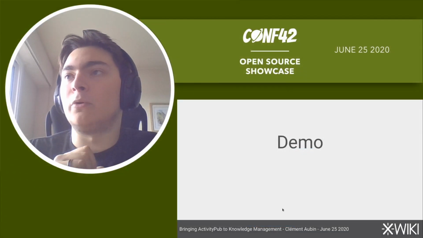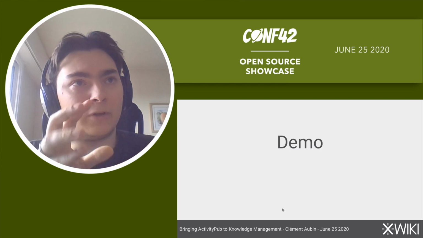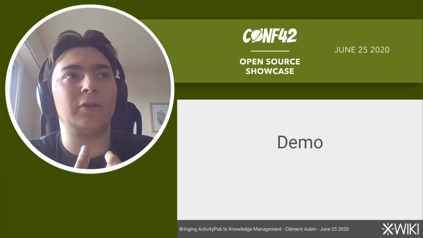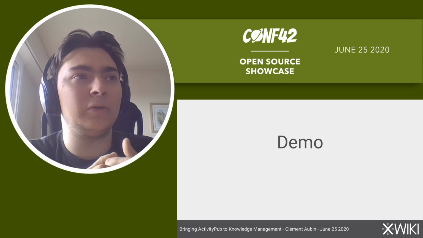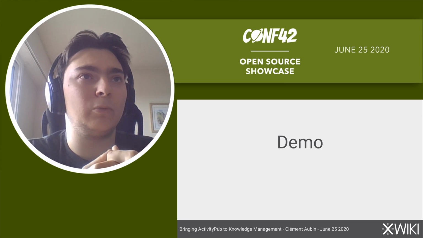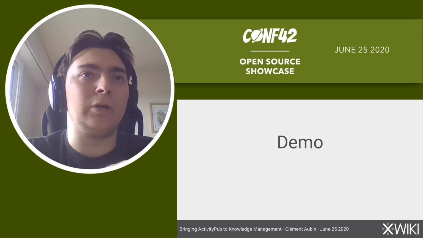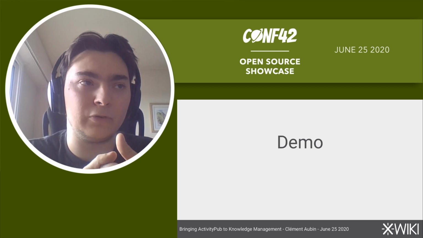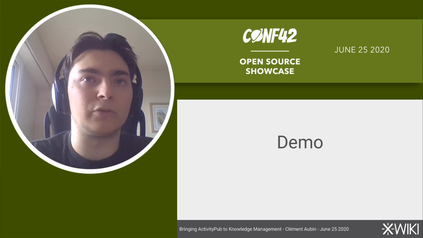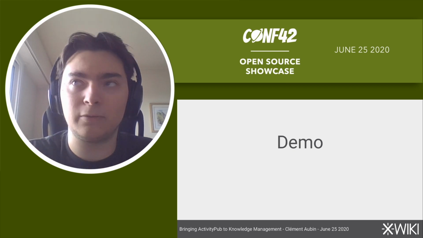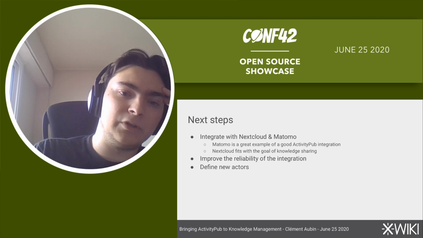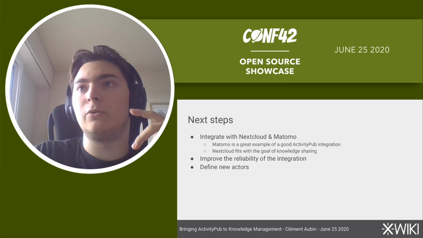Okay, so what you saw is a glance of what we can do currently, and what's kind of interesting is that with the possibility to share documents between wikis, what we are trying to do is really to help the collaboration and the sharing of information between two sources of information that might be very distinct. So if we go to the next steps of this implementation, what do we want to do afterwards?